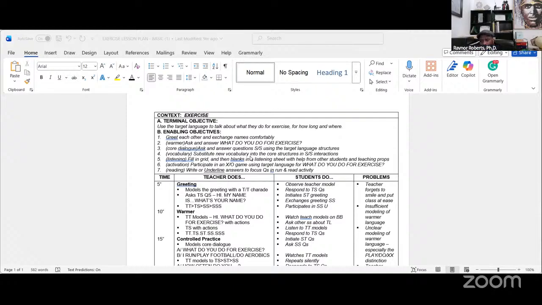Once we identify a terminal objective, and let me say this too, this same type of thinking is the thinking that is used in businesses. Instructional designers use it when they're coming up with training programs for a business. Why am I teaching this? What benefit will this professional development or this course have to the business, to the employees?